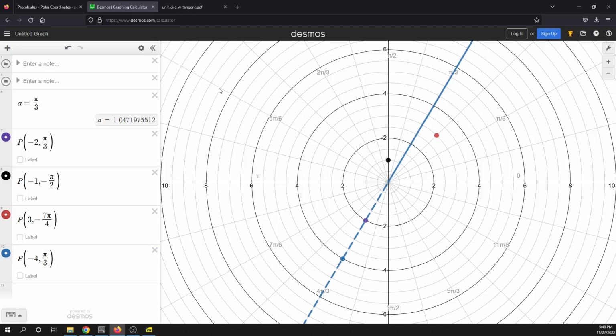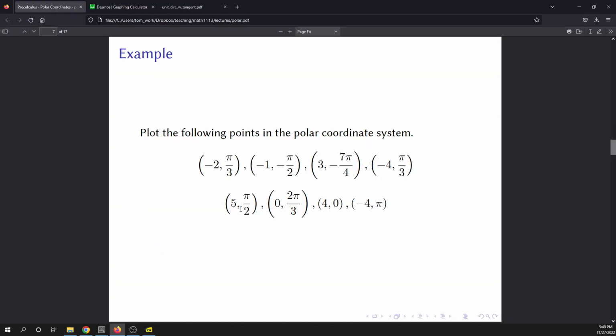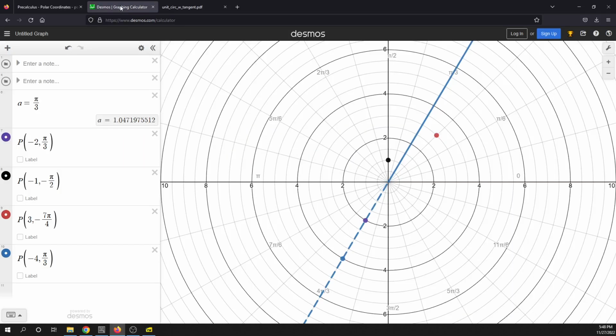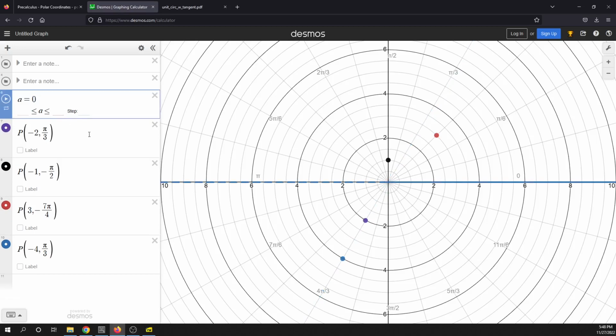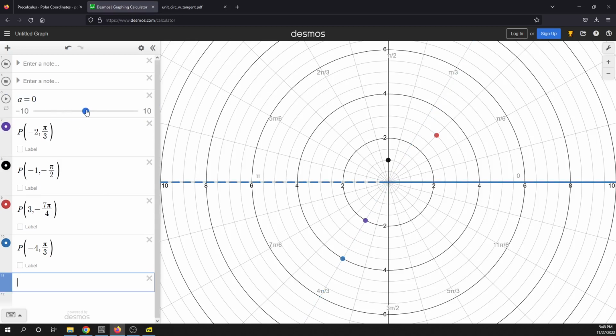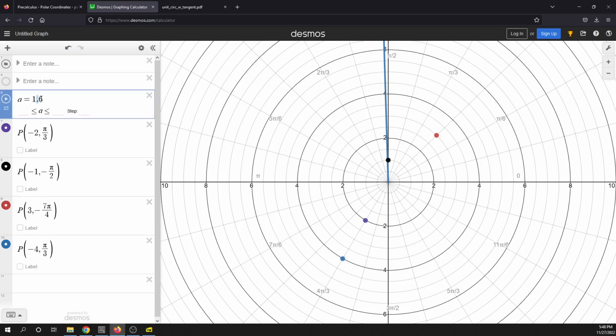All right, next one is 5 comma pi over 2. So again, start back here at 0 and rotate out to pi over 2, which is right up at the top. So right up at the top, and that's the direction that I would be pointing in.